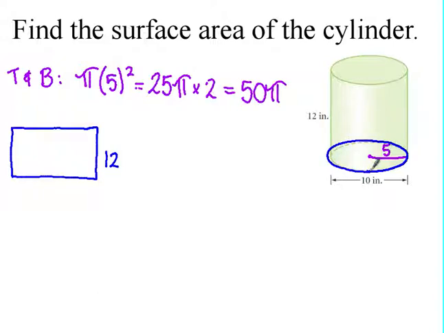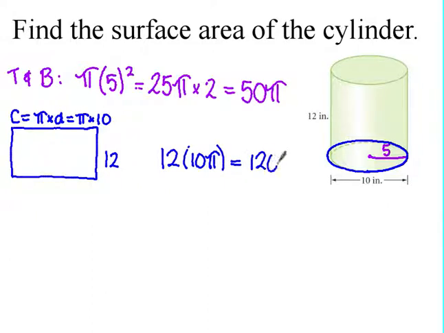That is the circumference, which is pi times d, which is pi times 10. So the area of that rectangle will be 12 times 10 pi, which is 120 pi.